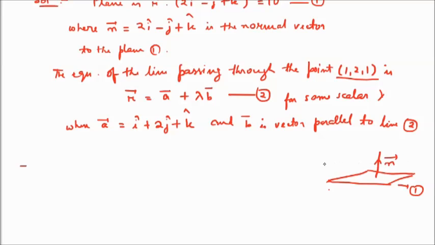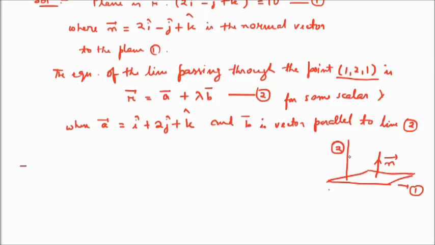Now we are asked to find the equation of that line which is perpendicular to this plane. So let me draw one line here. Suppose this is one line. So this is my line number 2 which is perpendicular to 1. I have to find the vector equation of this line.